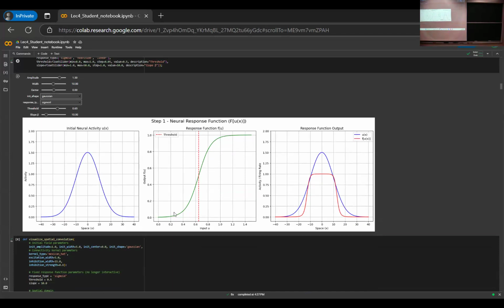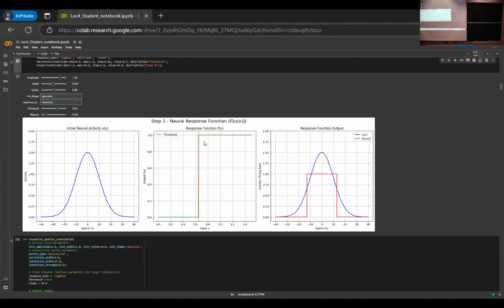And because we have a population, we can smooth this out to an approximation, either using a sigmoid, or if you want to be more precise, a Heaviside function, which would be off if it's below the neuronal threshold, and on, firing at full capacity, if it's above threshold.